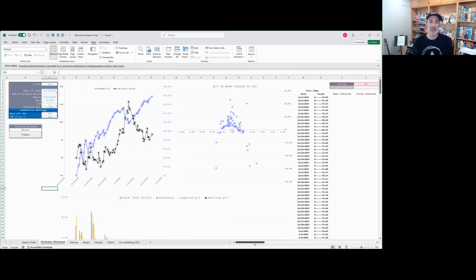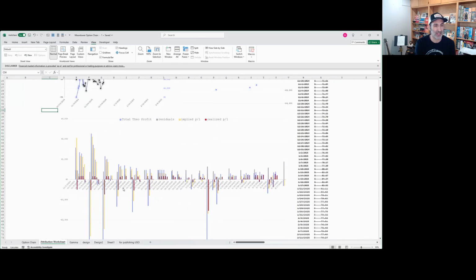An option with 6 months to go, or a year to go, or a long time to go, its P&L will be dominated by the Vega P&L, because the Vega of those options is going to be large, and the vol and the gamma and theta from an option that has a long time until expiration is relatively small. So when you have a long time to expiration, you expect your Vega P&L to dominate, and that's those yellow.